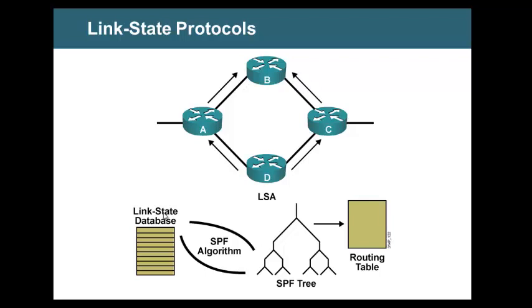Within an area, there will be an identical database. If you take any router inside an area and try typing show ip ospf database, you will see an identical database on every router within an area.